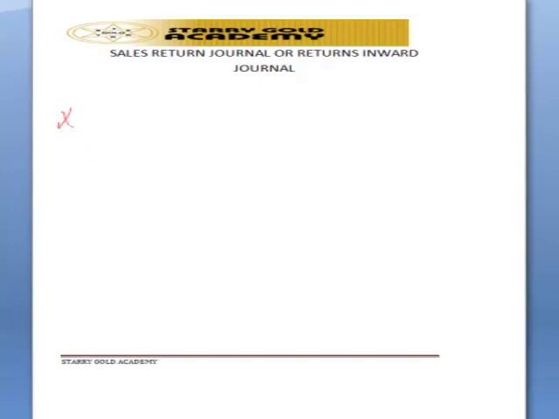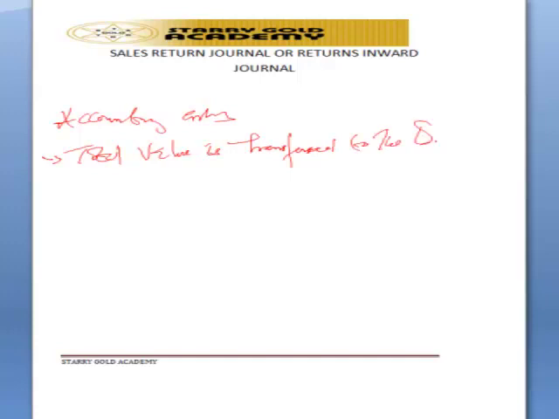That is what we use it for. And the accounting entry here: the accounting entry is 1. Total value is transferred to the debit of returns inward account.